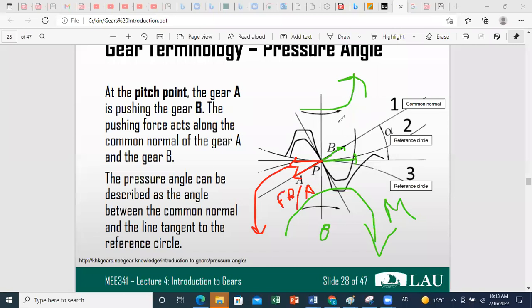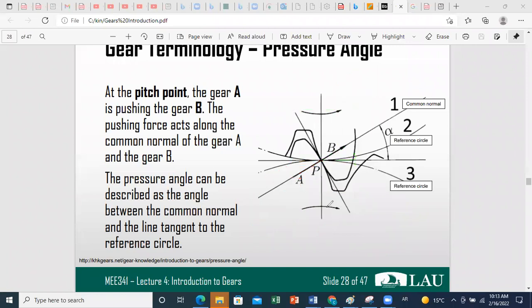Okay, because for the driven gear, the only force contributing to its rotation is the force that is transmitted from A to B. However, when we say a driving gear, this means that we are putting an external couple on it to rotate it. Okay, so we'll see in detail after how forces will be transmitted and how we can calculate the corresponding motion of each gear.